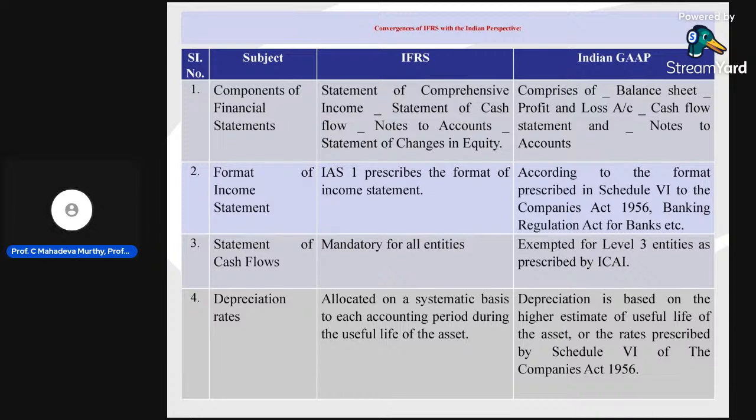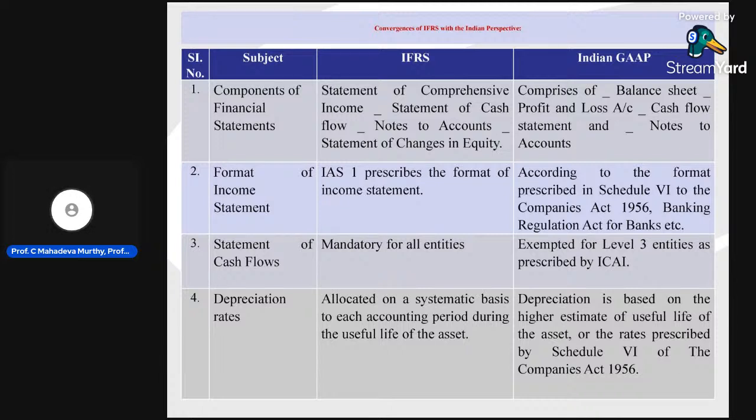the balance sheet, profit and loss account, cash flow statement, and notes to accounts. Then format of the income statement: IAS 1 does not prescribe the format of the income statement, whereas Indian GAAP follows the format prescribed by Schedule 6 to the Companies Act 1956, and the Banking Regulation Act for banking, etc. Then the statement of cash flows is mandatory for all entities, exempting Level 3 entities as prescribed by ICWA.